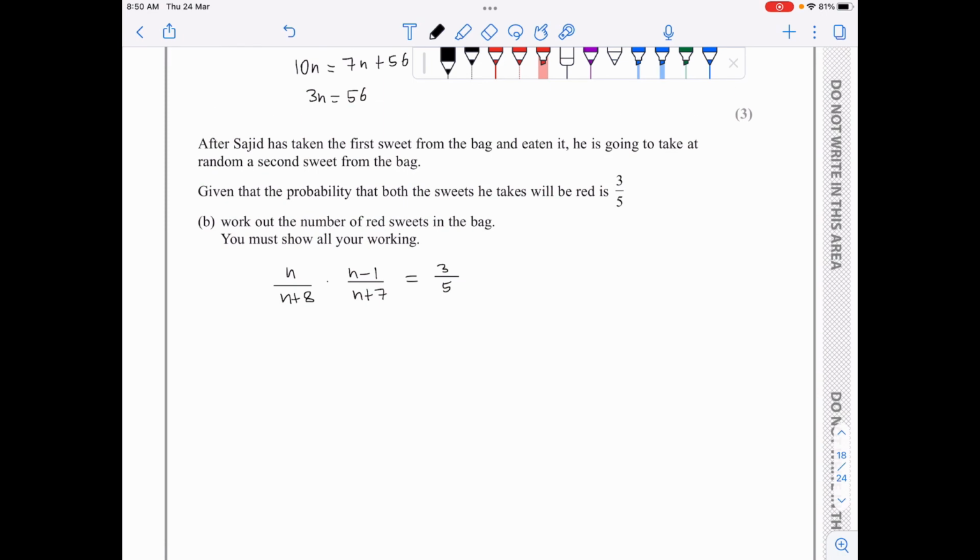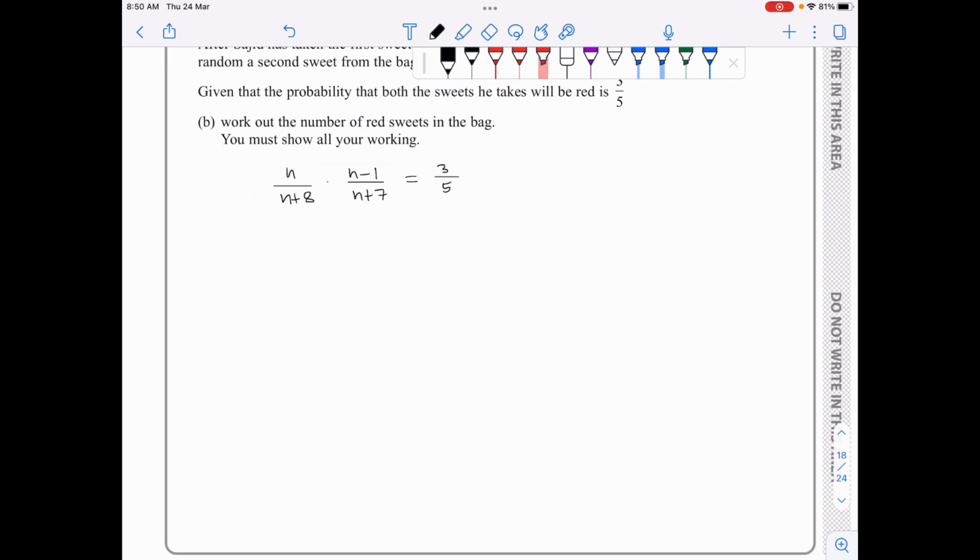So, I will start by taking care of the left-hand side. I do numerator with numerator, n squared minus n, over denominator times denominator, n squared plus 7n plus 8n plus 56. This is equal to 3 over 5. I will cross multiply: 5n squared minus 5n is equal to 3 times, and this is n squared plus 15n, the 7n and the 8n, plus 56.